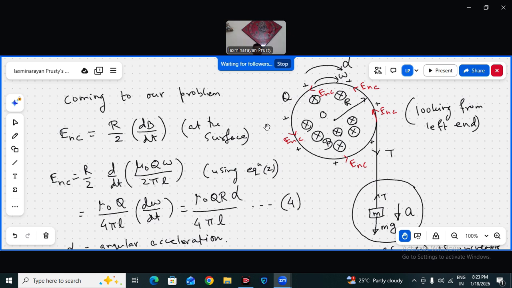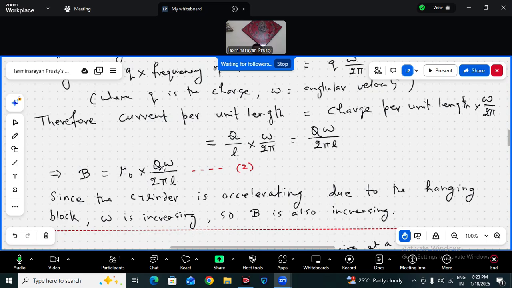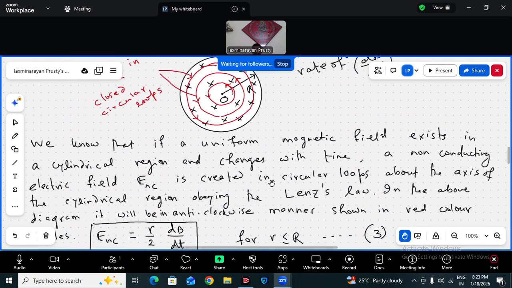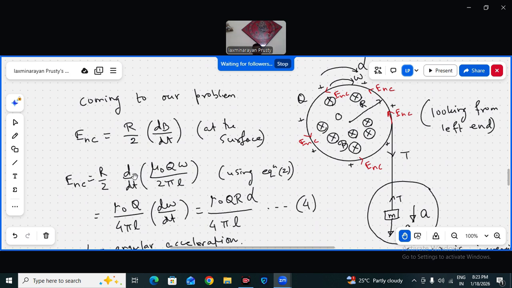Charge is Q. So what is ENC? Capital R by 2 dB by dt at the surface. Then dB by dt, how much? What is the B? B you already know. I'm giving mu naught Q omega by 2 pi L. Its derivative is mu naught Q omega by 2 pi L, dB by dt of B. So I will take mu naught Q by 2 pi L outside.